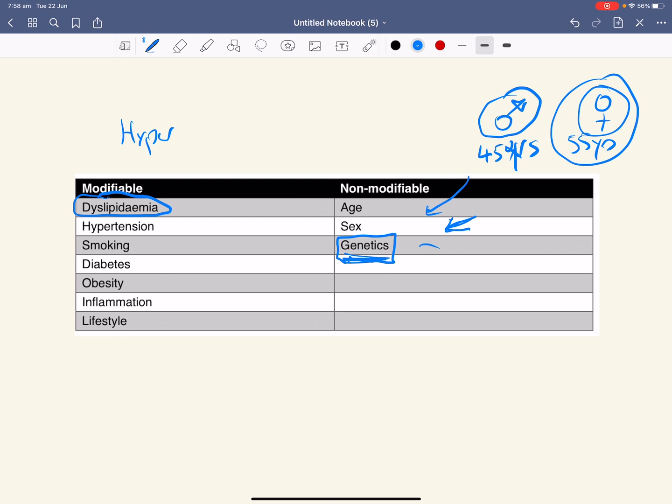However, there are some fats that are actually important to be higher, and these would be HDLs or high density lipoproteins. So these are fats that actually take fat away from your blood vessels. So you actually want this level to be high, whereas the ones you want to be low are the low density lipoproteins, which are the proteins in your blood that have a small packing of fat in them.